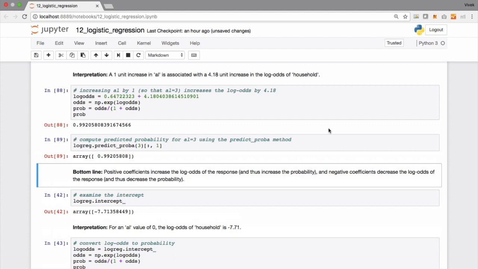There we go. The bottom line being, positive coefficients increase the log odds of the response and thus increase the probability, and negative coefficients decrease the log odds of the response and thus decrease the probability.